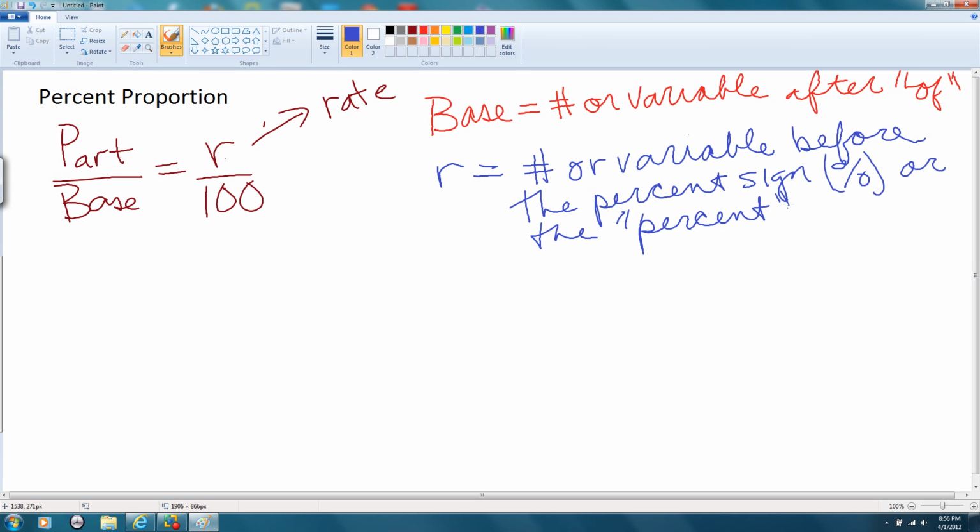So let's put that in quotation so you know it's referring to the English word percent in the problem. And then the last thing is the part, and that's either the remaining item or it's by the word is.